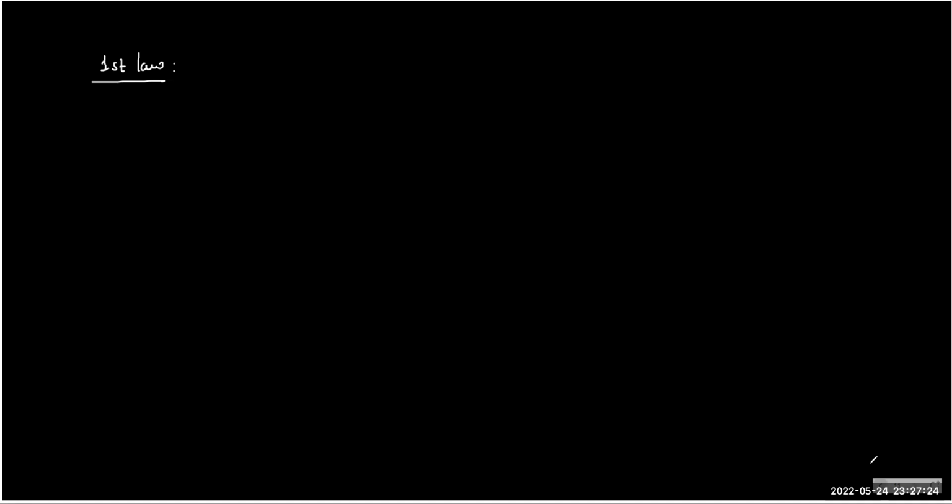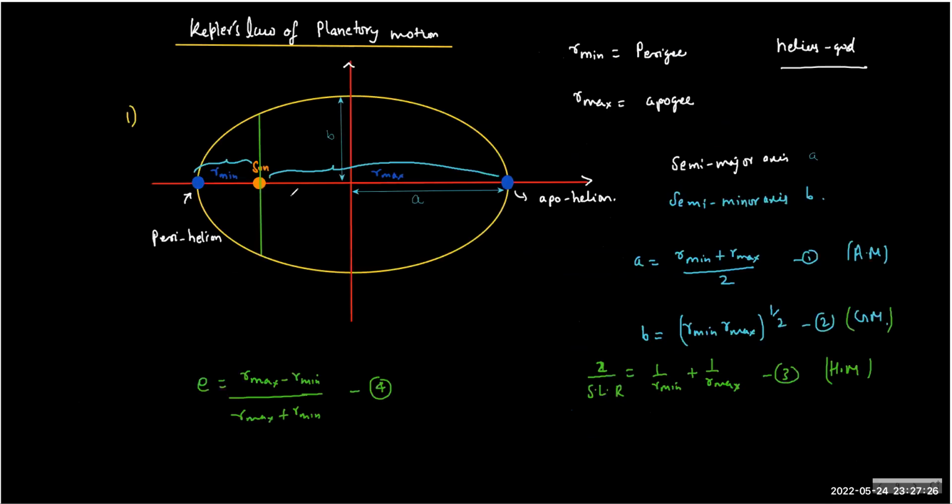Okay. And also you should know that this distance is how much? This is A minus R minimum, right? Yes, sir. A minus R minimum, which is this much. And you can clearly see this is nothing but AE. Yes, sir.